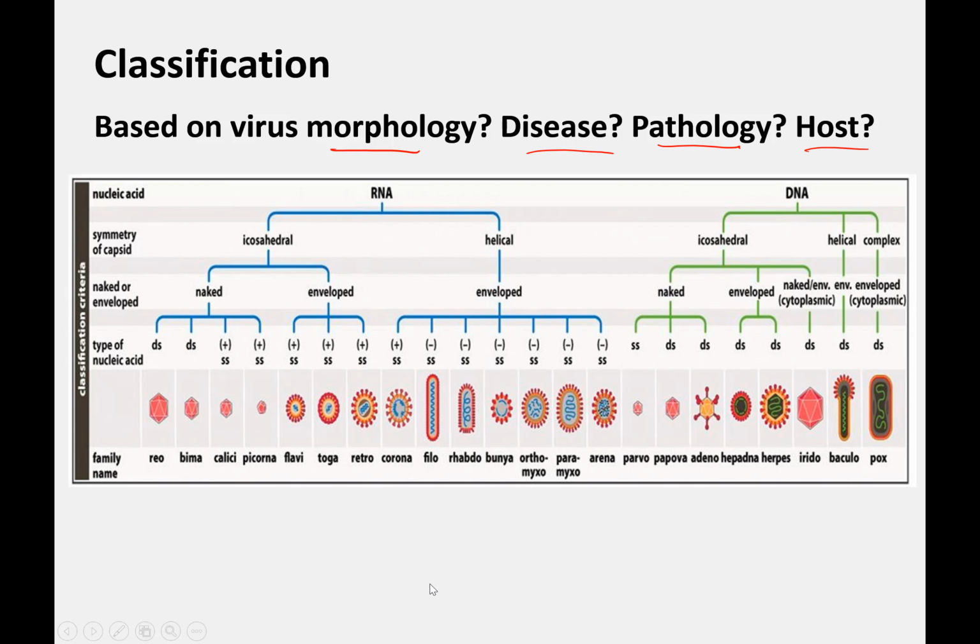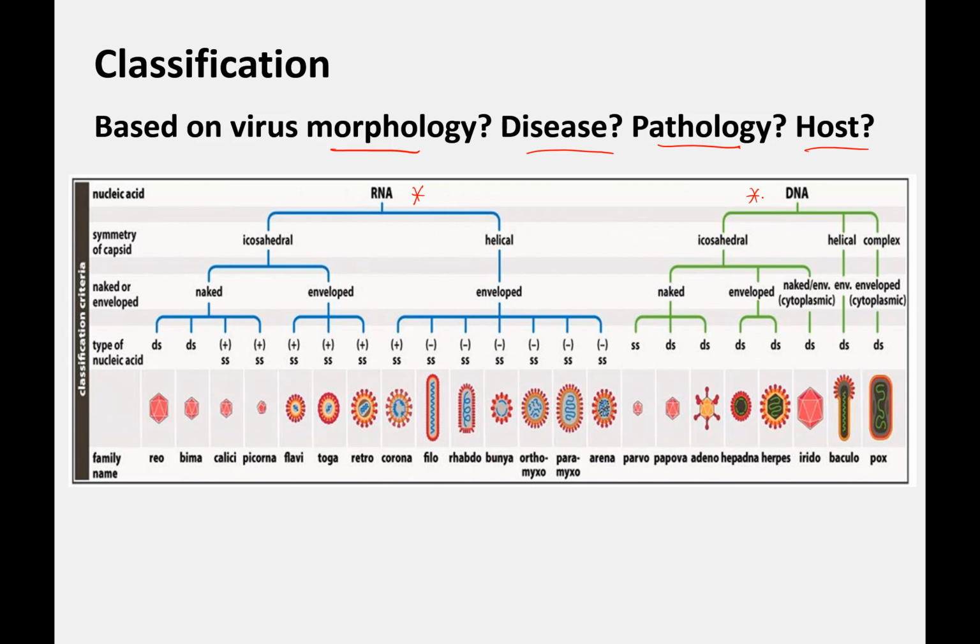And you can see that here we've got lots of different shapes, enveloped and non-enveloped, and it really doesn't tell you a lot about the function, or the characteristics, I should say, of the virus. So what tells you most about the virus is what type of nucleic acid it has.